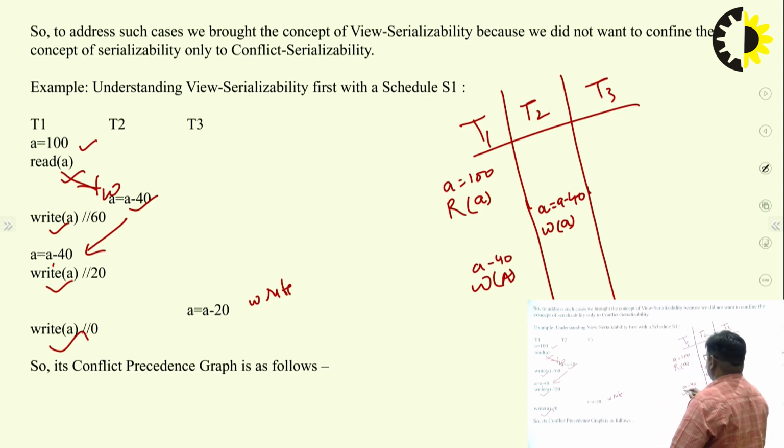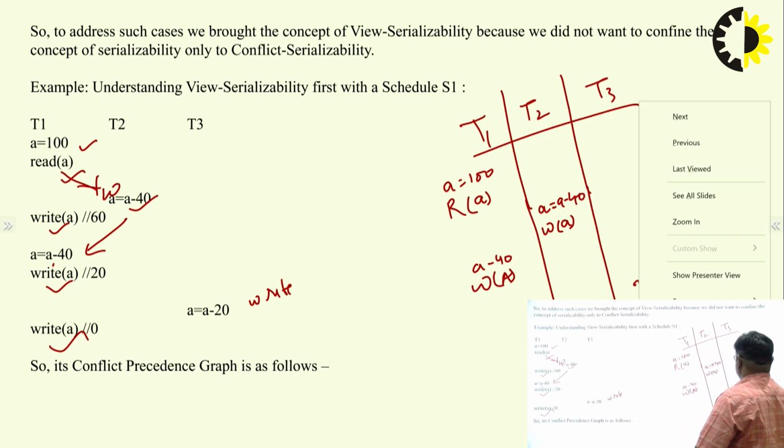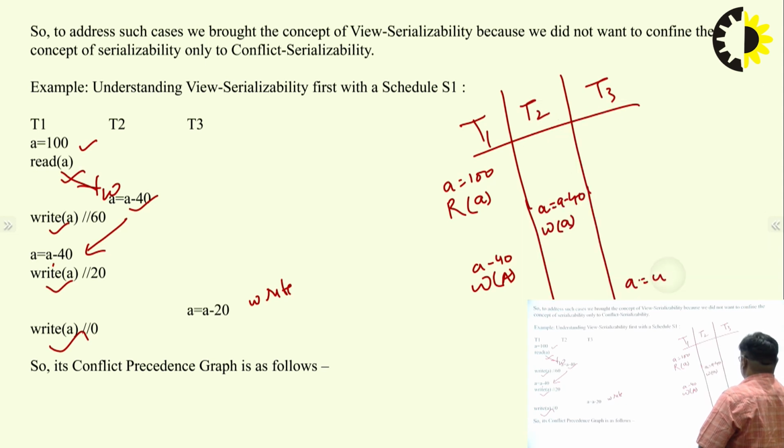This also writes A, and this also writes A, where A is equal to A minus 20, and it writes A.